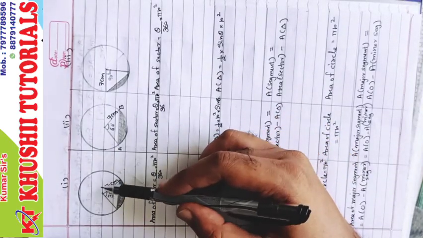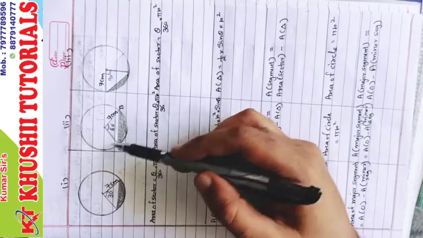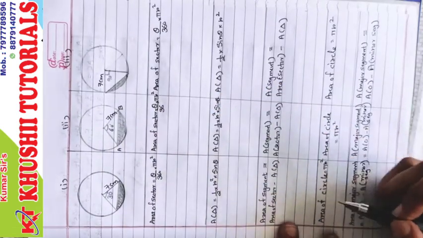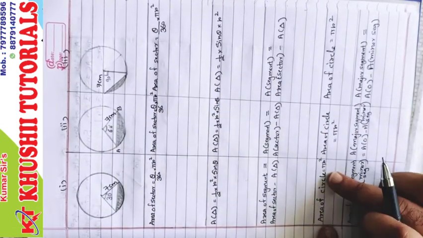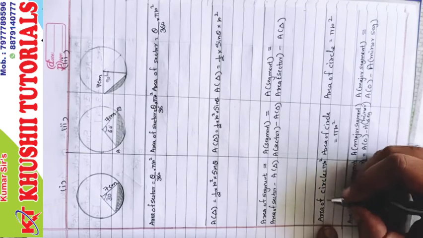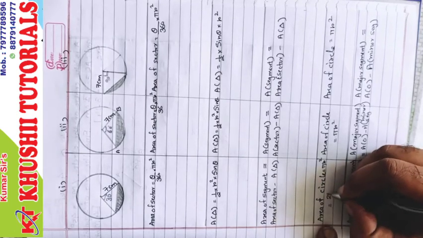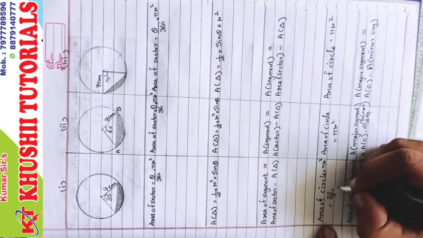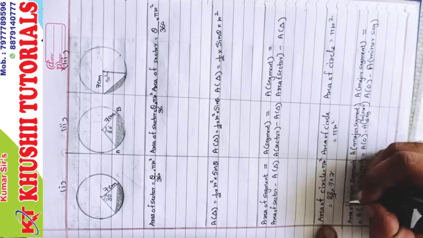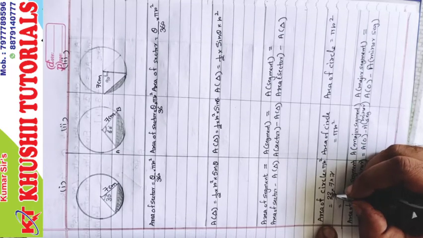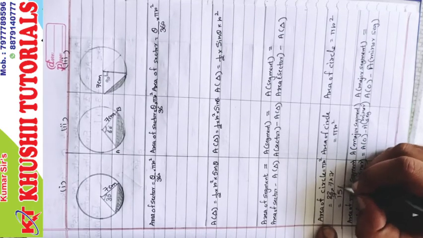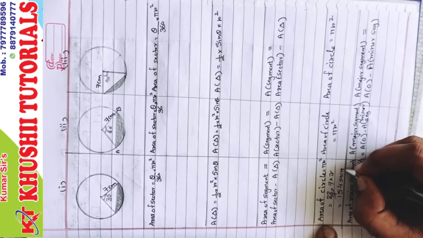Now this is the circle with radius 7. All circles have radius 7. So first of all we will find the area of circle. The formula is pi r square. Pi is 22 by 7 into r, 7 into 7. 7 will get cancelled. 22 sevens are 154 square centimeter.